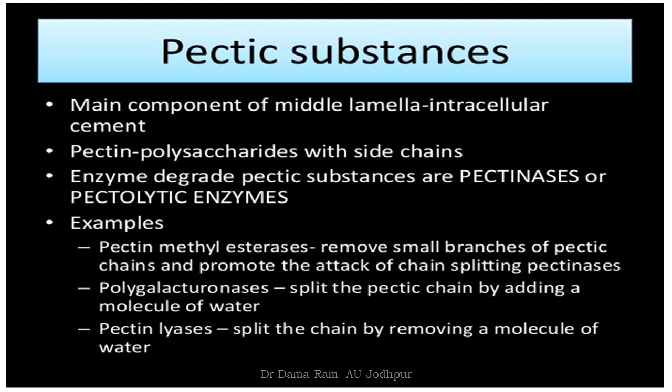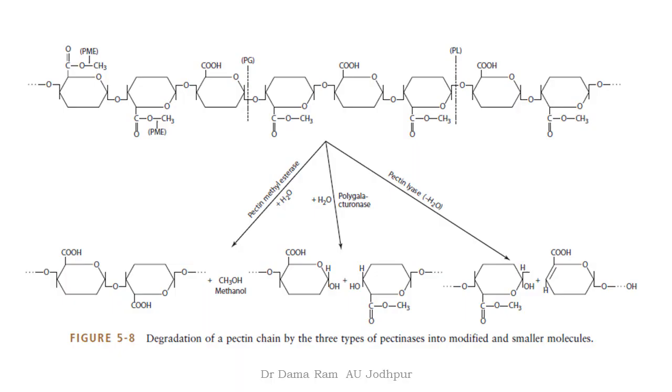Here we can see examples of pectin-degrading enzymes: pectin methylesterase, polygalacturonase and pectin lyase. How do they work on plant surfaces, and what is the mechanism behind this during disease development? Earlier, Jones was the pioneer scientist who worked on the pectic enzymes.